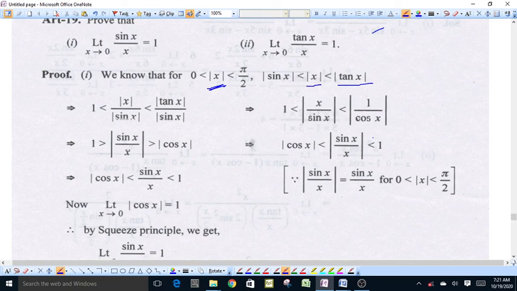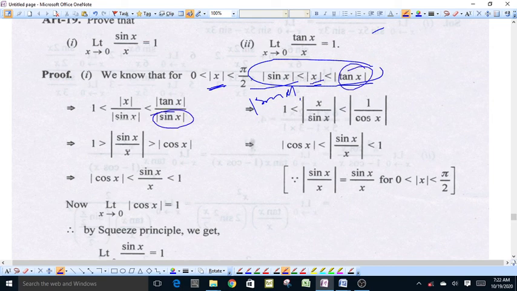Dividing throughout this inequality by modulus of sin x, this becomes 1, similarly modulus of x upon modulus of sin x, and modulus of tan x upon modulus of sin x. This becomes equal to 1 because modulus of sin x upon modulus of sin x cancels out.